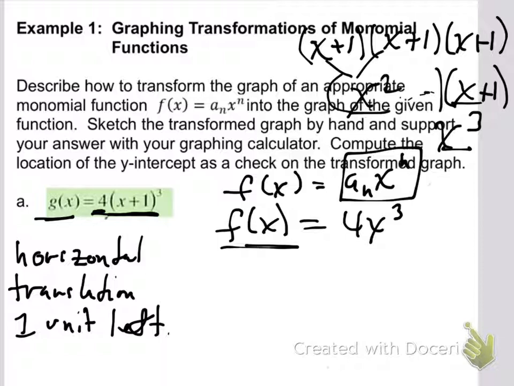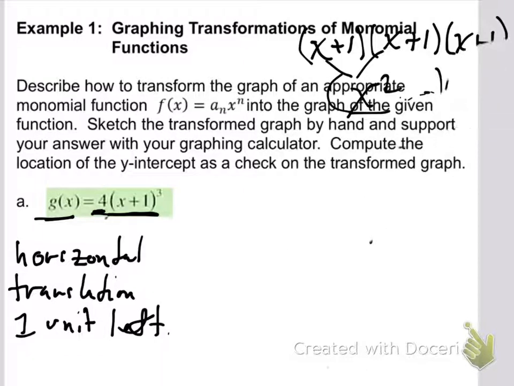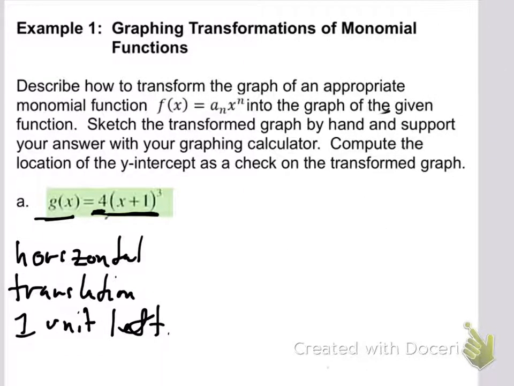Alright, we now want to sketch the transformed graph by hand. Let me clear some room. Alright, so our f of x, that was 4x cubed. Let's graph that.